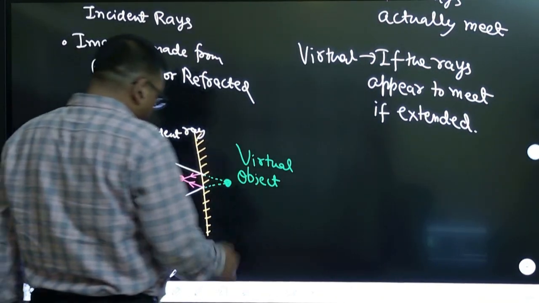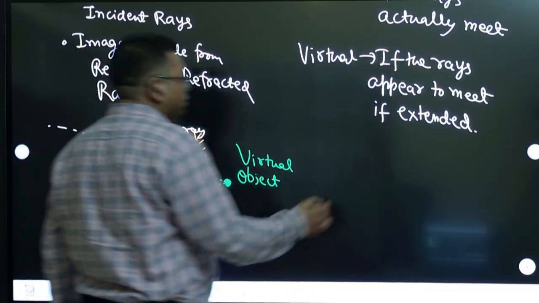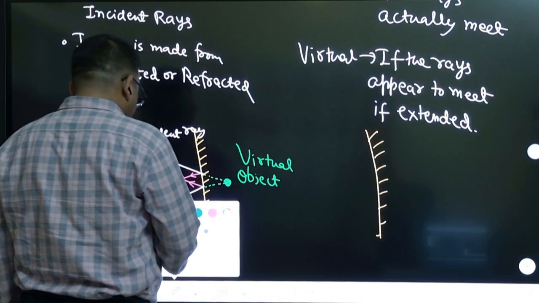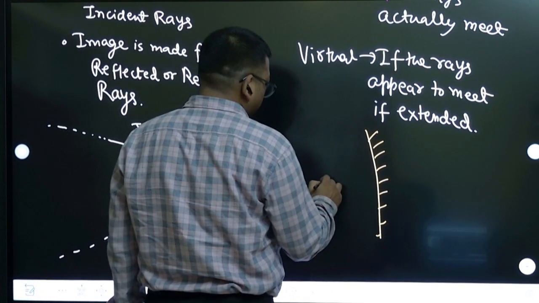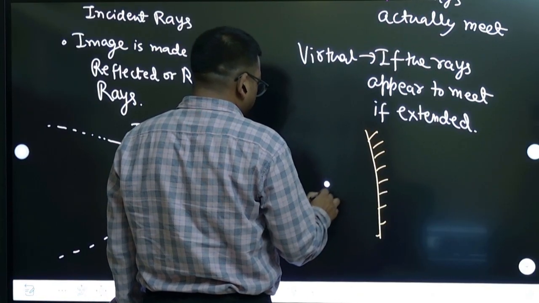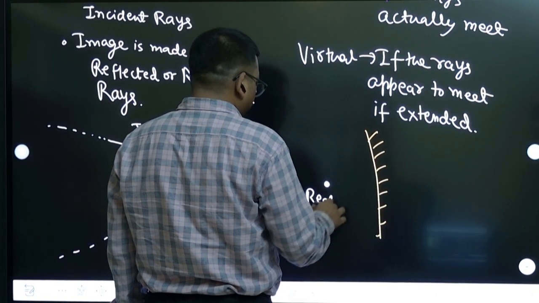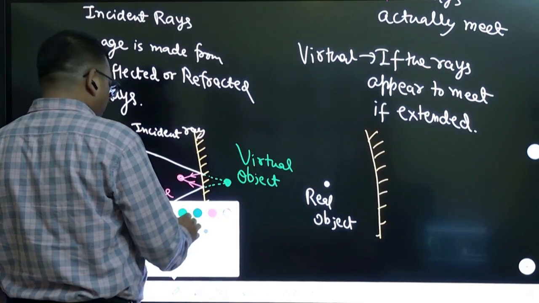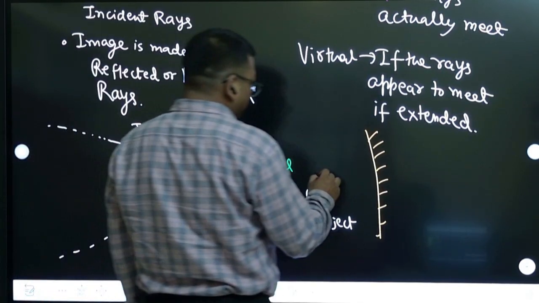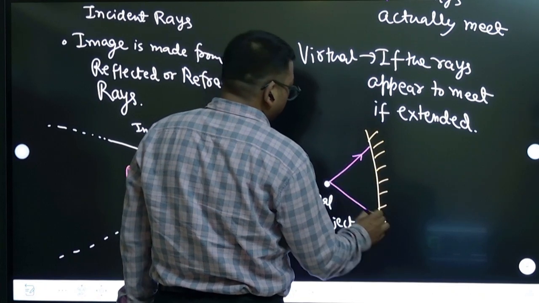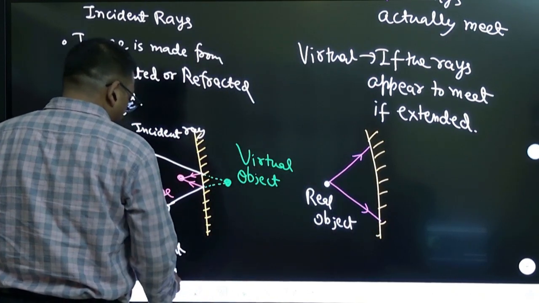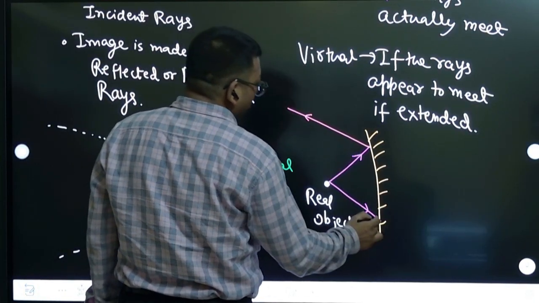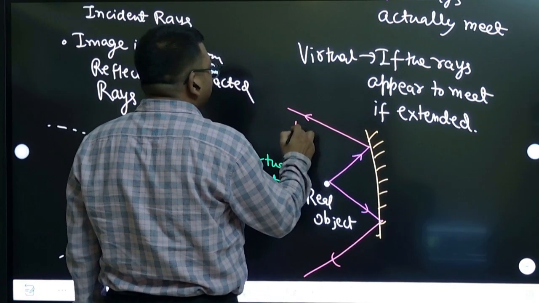Okay. So just now we'll take the reverse case. Suppose this is a mirror, and let us say that there is an object. Now I will take this as a real object. Why real object? Because incident rays are emerging from it this way. These are incident rays. Now after reflection from the mirror, they are going this way. These are reflected rays.